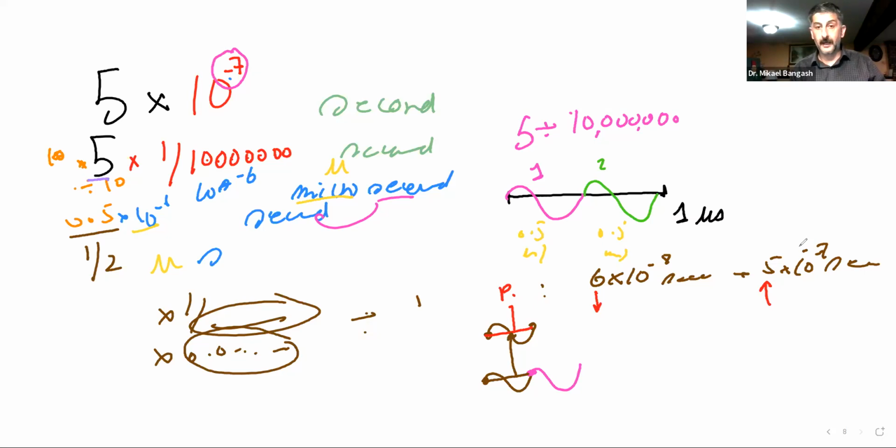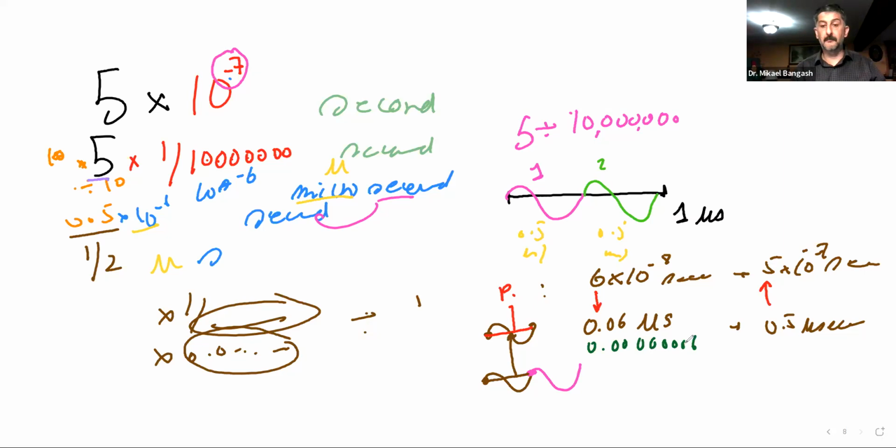So this here became 0.06 microseconds, whereas over here, this became 0.5 microseconds. Or we can say 0, and we still have this 0 for the micro, but then we just go on with 2, 3, 4, 5, 6.